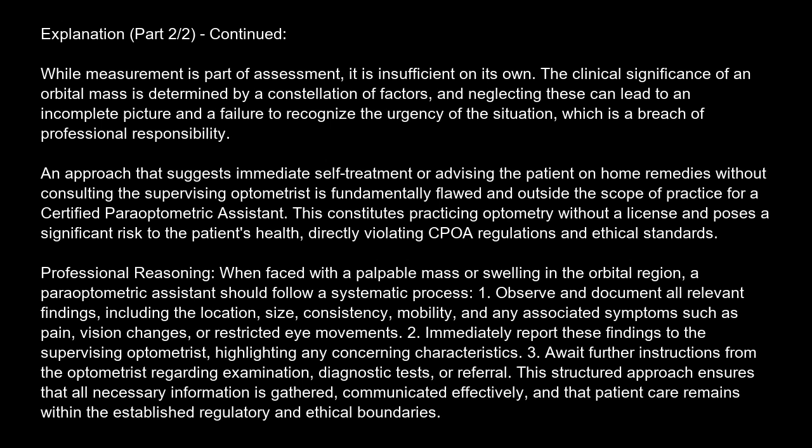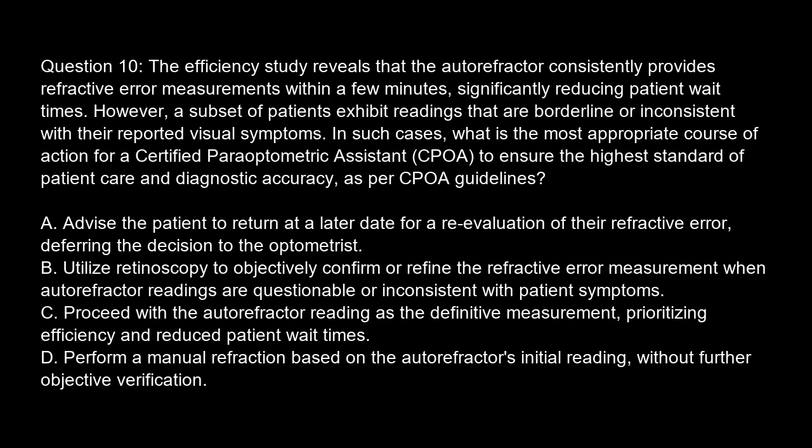Immediately report these findings to the supervising optometrist, highlighting any concerning characteristics. 3. Await further instructions from the optometrist regarding examination, diagnostic tests, or referral. This structured approach ensures that all necessary information is gathered, communicated effectively, and that patient care remains within the established regulatory and ethical boundaries. Question 10.